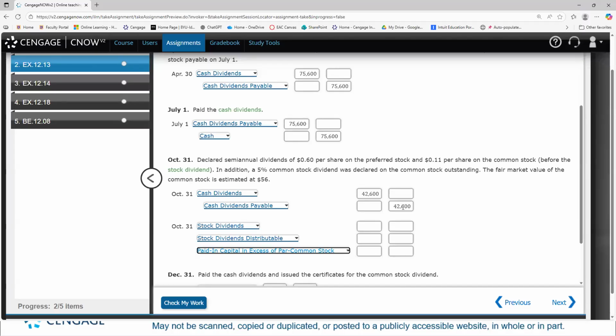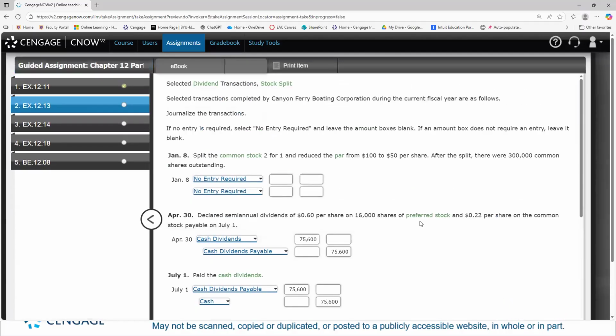And then to figure out the amounts, we'll do 15,000 times the par value. What was the par value of this stock? Somewhere it told us. $50 per share, right?